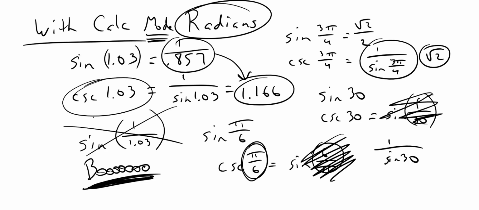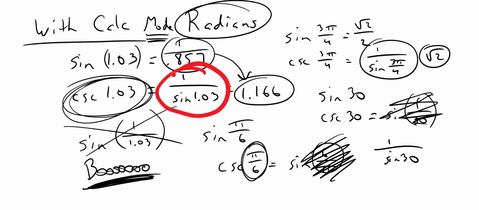So going back to this original problem, cosecant of 1.03 is 1 divided by sine of 1.03, which then is 1.166. Okay? All right, so let's do a couple more here.